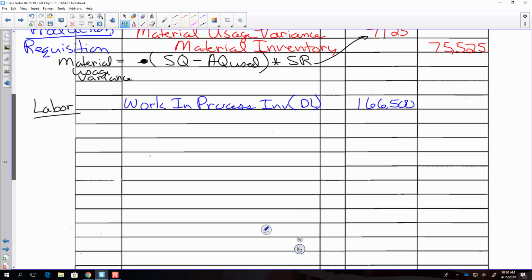Those people actually working on producing the product, that's going to be debited. Skip 2 lines and use wages payable as our credit. That was 163,385.